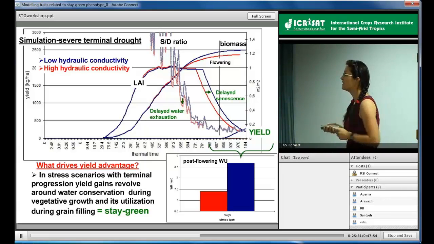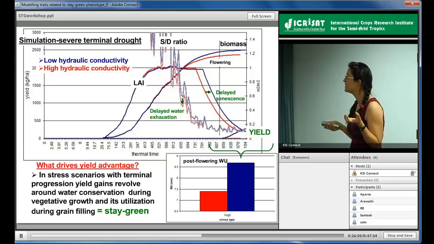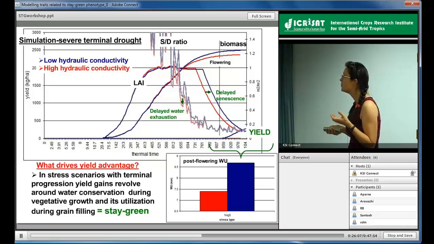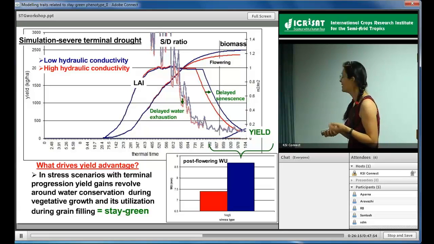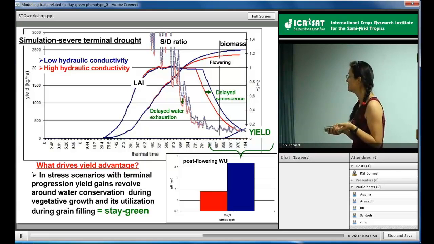Moreover, this slight water saving in vegetative growth actually leads to delayed senescence. It is really amazing, because this means that we can simulate and reproduce the stay green phenotype with differences in midday stomata closure. That's already a great result.